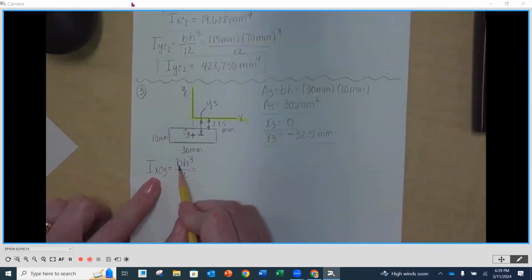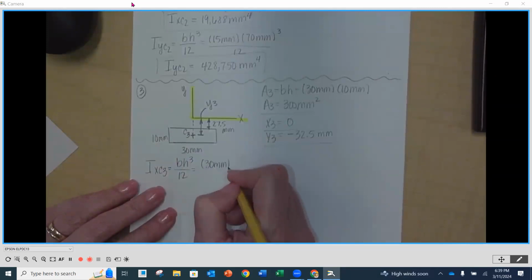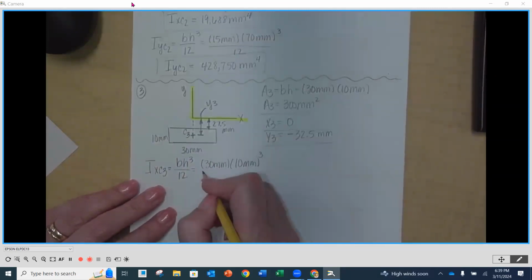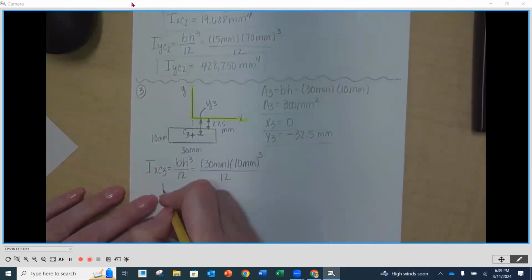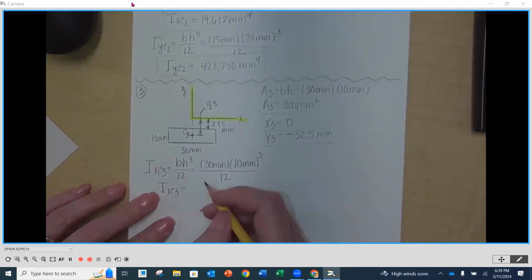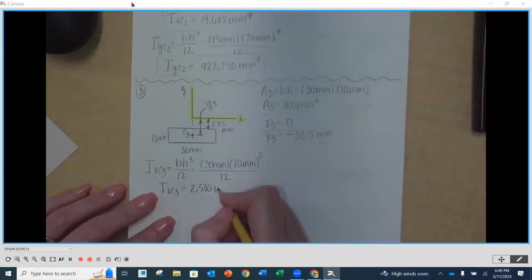Our base is going to be parallel to the X-axis, so that's going to be our 30 millimeters. So 30 millimeters times our height, 10 millimeters cubed divided by 12. Our IXC for shape number 3 is going to be 2,500 millimeters to the 4th.